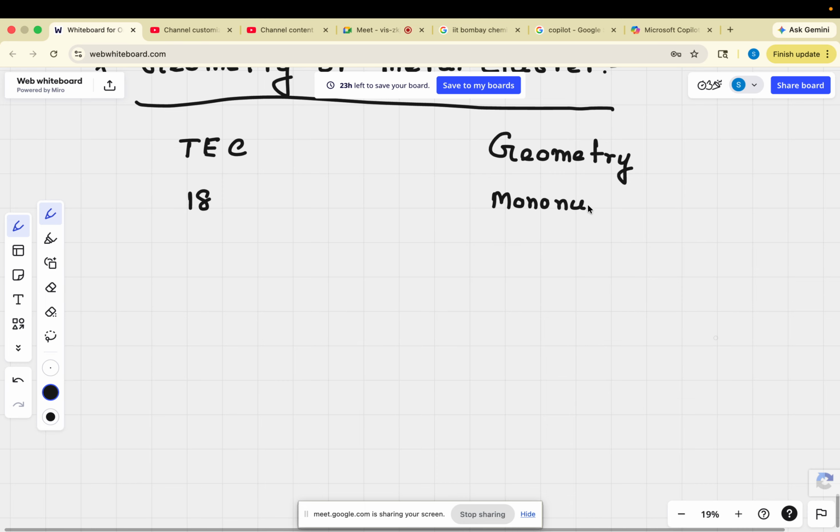mononuclear. Suppose the total electron count value is 48, that time it will be your trigonal planar. If the total electron count value is 60, that time it will be your tetrahedral.